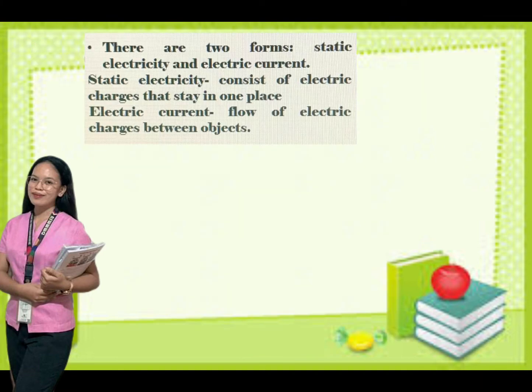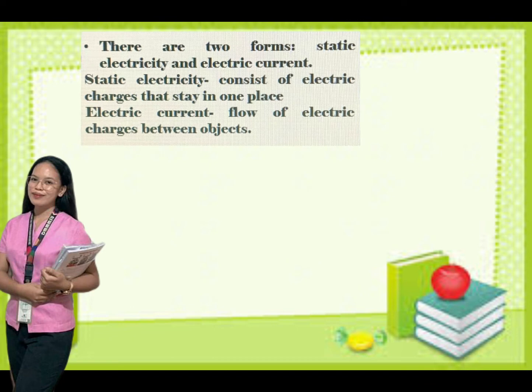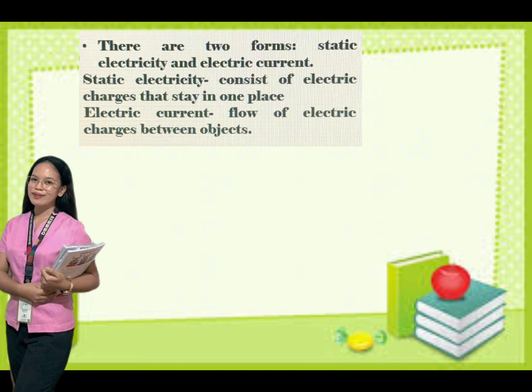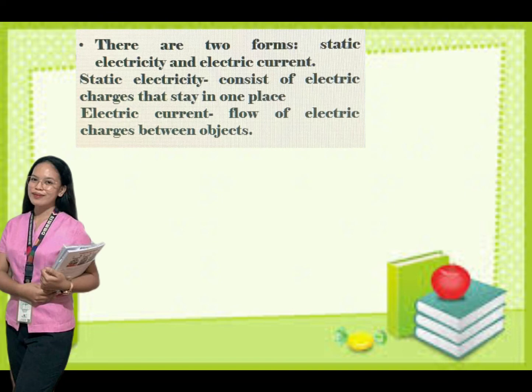So there are two forms of electrical energy, which are static electricity and electric current. Static electricity consists of electric charges that stay in one place. An electric current is the flow of electric charges between two objects. Current that flows through a continuous path is called a circuit.